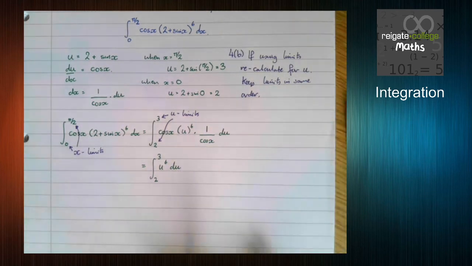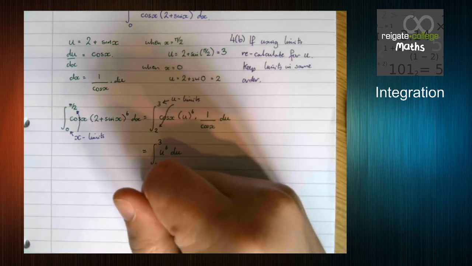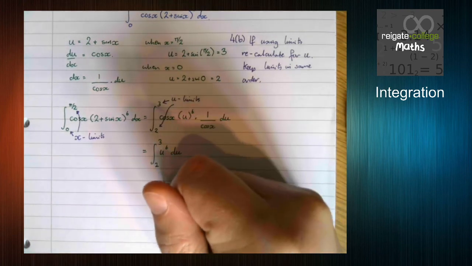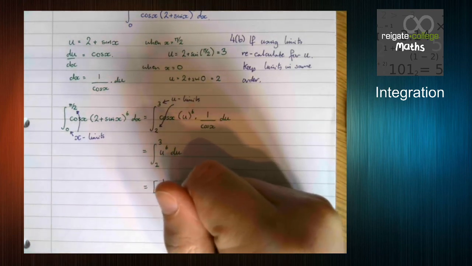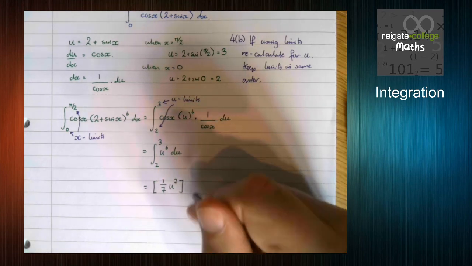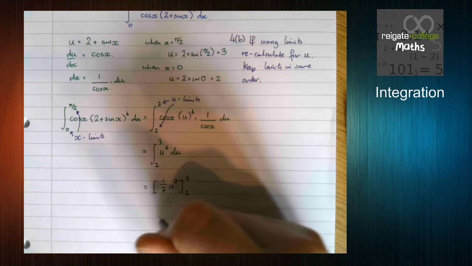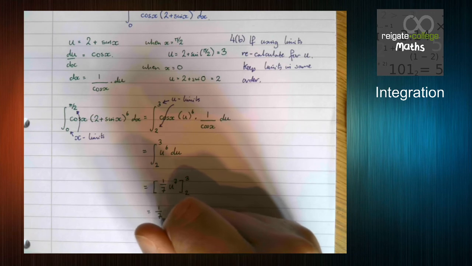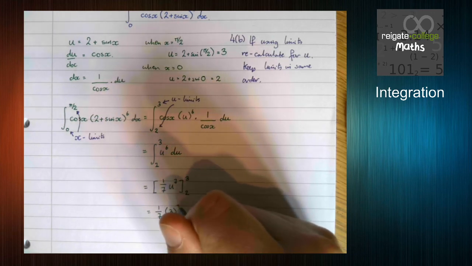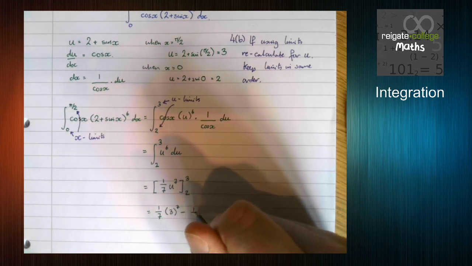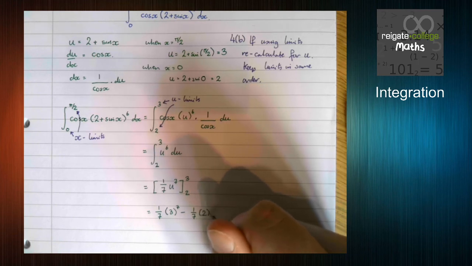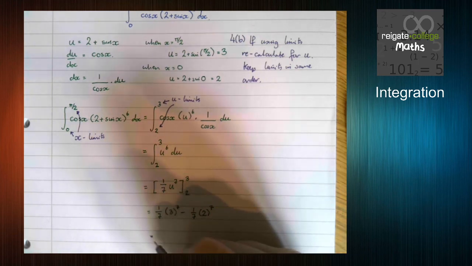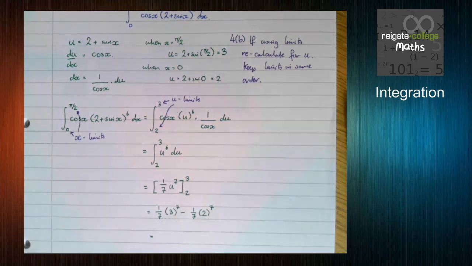Now we're here, we just integrate as we normally would. U to the 6 integrates to 1 over 7 u to the 7. This is 1 over 7 times 3 to the 7 minus 1 over 7 times 2 to the 7. And we just calculate that as normal.